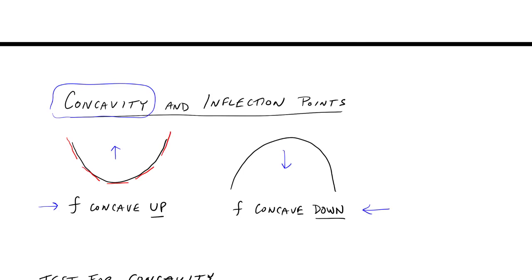Notice what's happening. As I move from left to right, over here at the left, I see that this tangent line has a very negative slope. So it's a very big negative number, let's say negative 100.